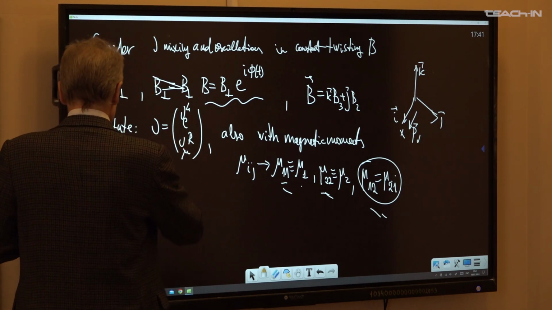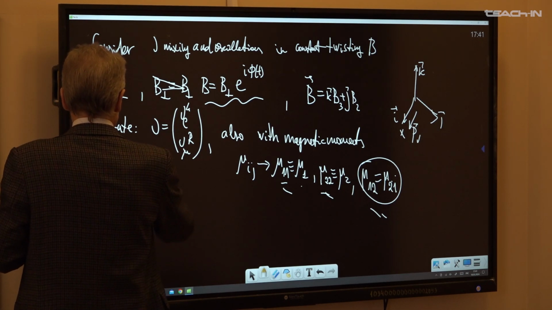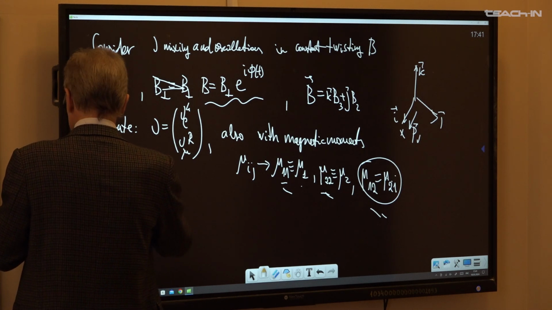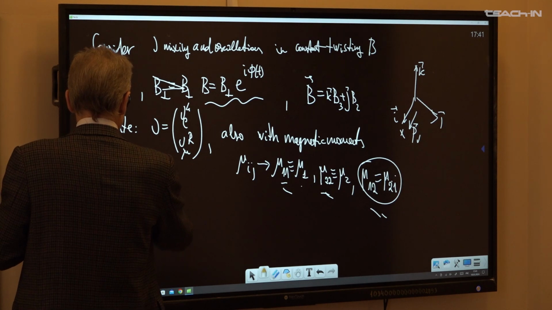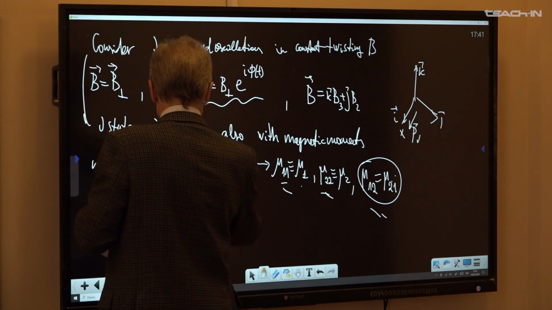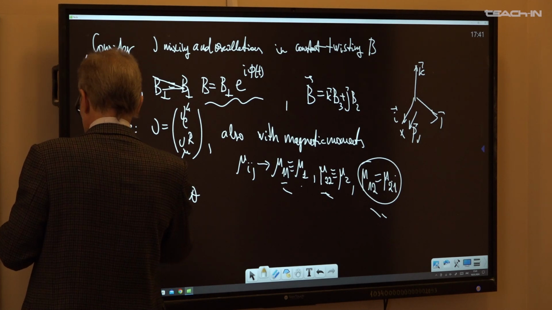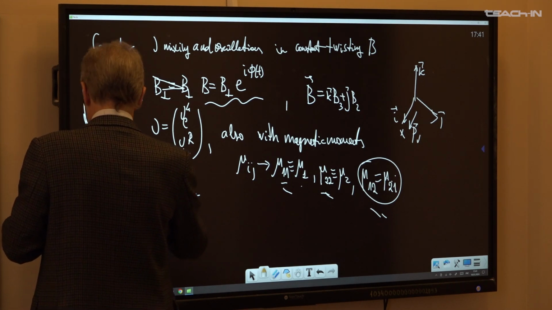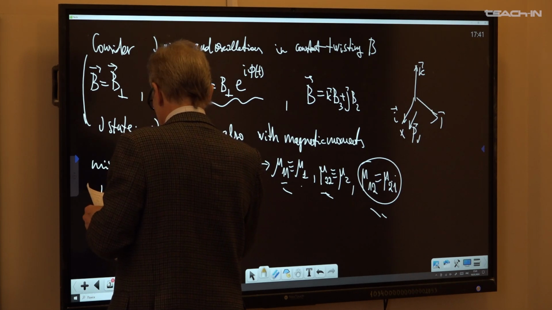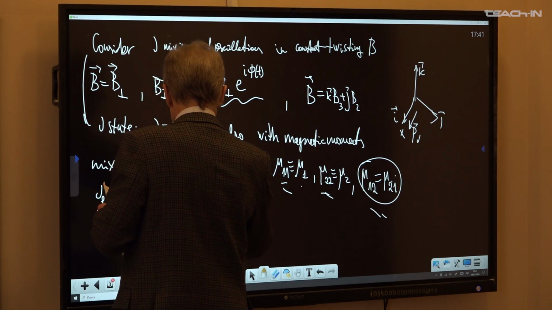Well, so we account for mixing of neutrinos. I discussed with you mixing. So we suppose that electron neutrino is neutrino 1 cosine mixing angle plus neutrino 2 sine mixing angle theta. Muon neutrino is minus neutrino 1 sine theta plus neutrino 2 cosine theta.